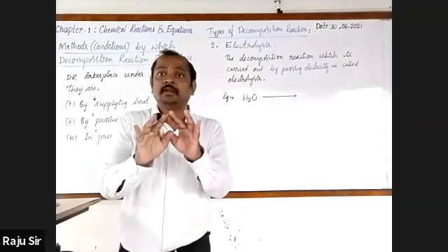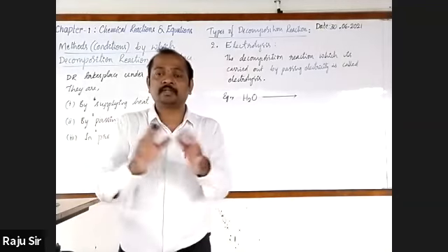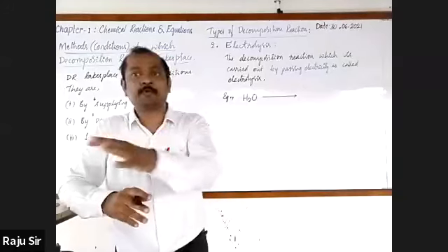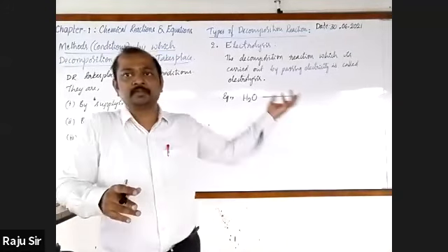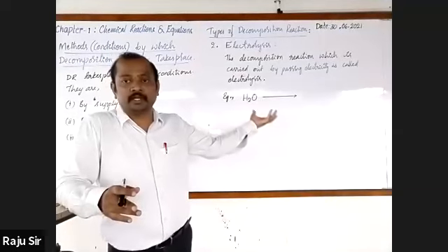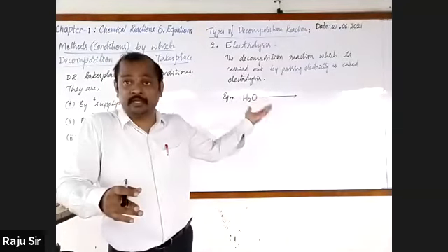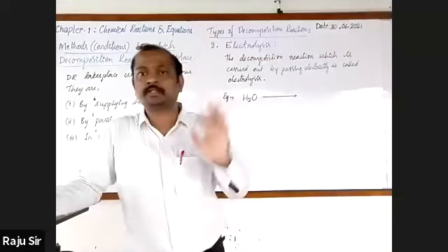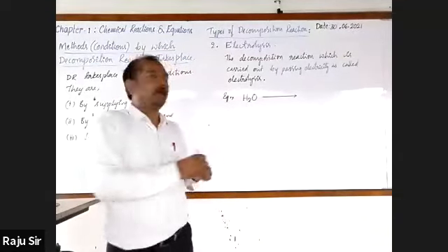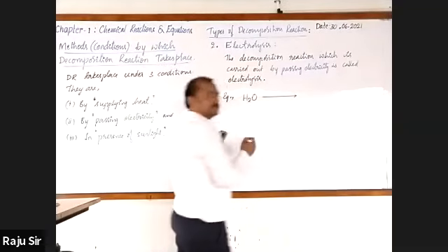It does not split up into its respective ions. Therefore, electricity will not pass. If electricity has to be passed, it should be a conductor. It should act as an electrolyte. That is why we add a few drops of dilute HCl or H2SO4. Remember that, and this acidified water is taken.